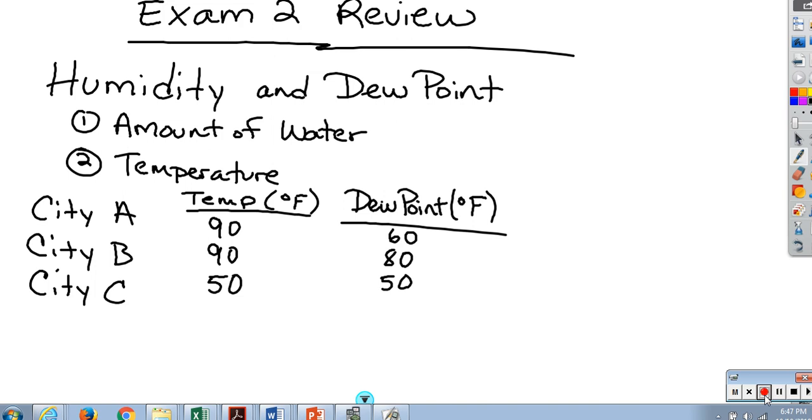But then if you want to talk more about humidity, we need to know a little bit about dew point. Dew point is the temperature you would have to drop the air down to in order to reach saturation. Okay, so you can reach the dew point by either adding water or lowering the temperature.